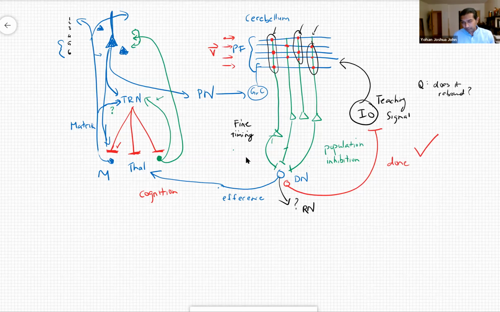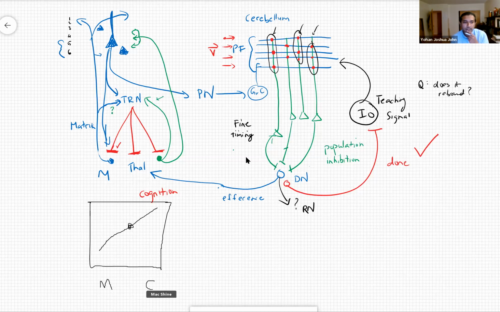So in principle, for the pure motor effects of the cerebellum, that can happen just via the output directly. So this is where the cognitive question comes in. If we assume that the cerebellum is providing a benefit to, like, what is it? Cognitive dysmetria is a phenomenon that people talk about, right?